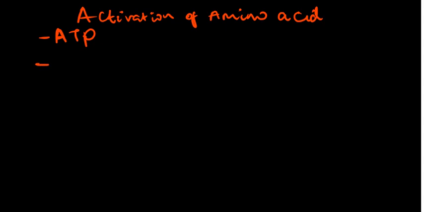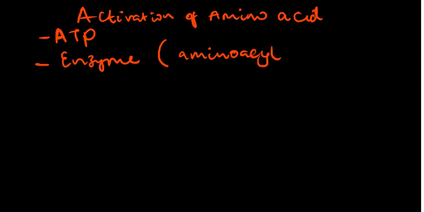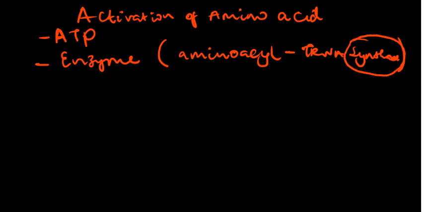So here I'll just outline the things that we need to actually activate this amino acid. We need an enzyme, because enzymes speed up chemical reactions. So we'll have our enzyme, which is amino acyl tRNA synthase. Just from the name, you can tell that something is being synthesized.